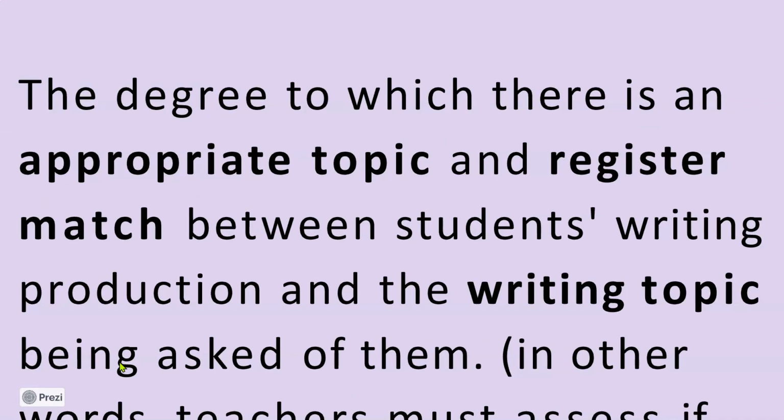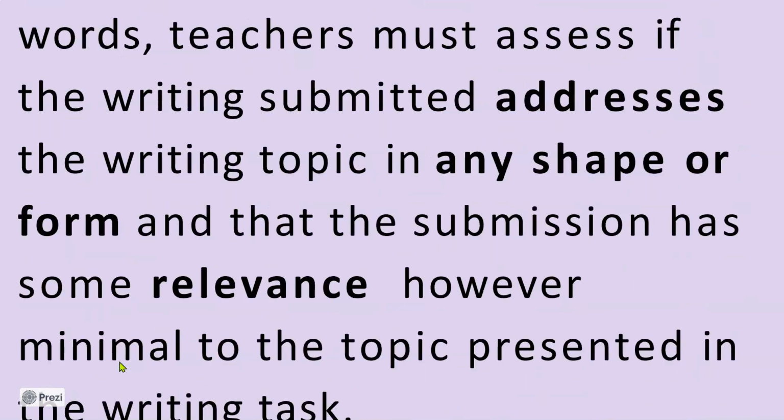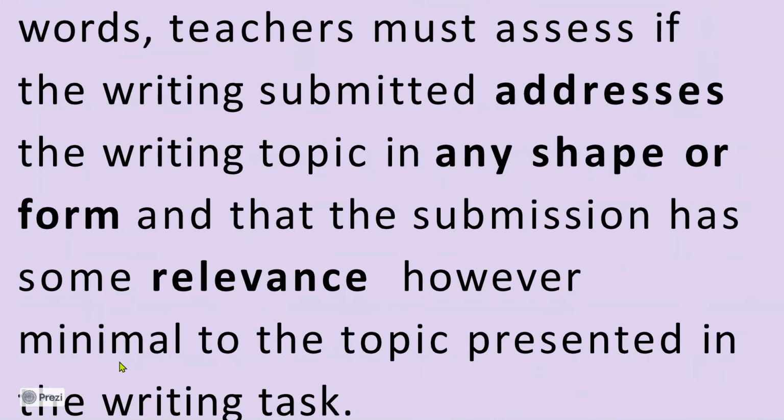We've decided to define this as closely and as clearly as we can. It's the degree to which there's an appropriate topic and register match. That's the key word here: the match between the student's writing, the production of that, and the writing topic being asked of them. In other words, the teacher must be able to assess if the writing submitted addresses the writing topic in any shape or form, and that the submission has some relevance, however minimal, to the topic presented in the writing task.